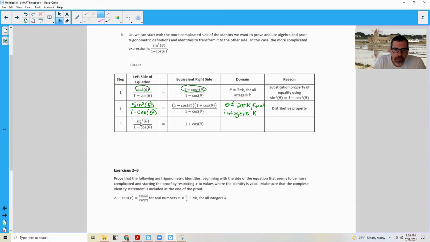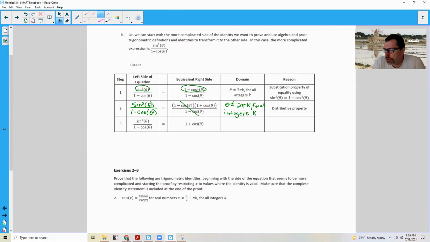Part 3 says sine squared theta over 1 minus cosine theta equals 1 plus cosine theta. So what happened here was, we often in math just say these cancel, but what actually happens is 1 minus cos theta over 1 minus cos theta is 1. Anything divided by itself is 1. And 1 times 1 plus cos theta is 1 plus cos theta.